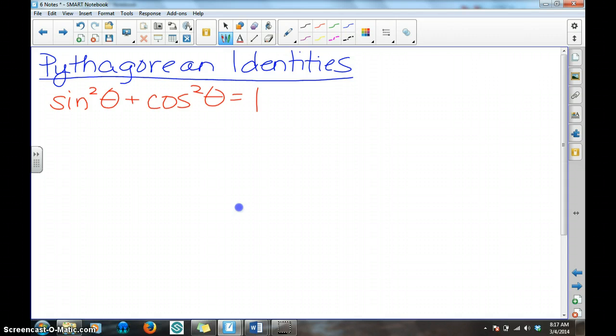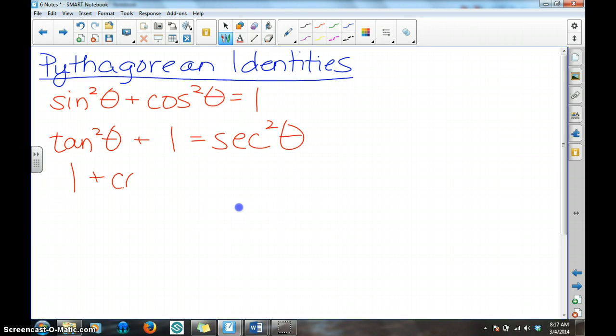It was when I divided straight through by cosine, and I got tan squared plus 1 equals secant squared theta. And the final one came from the original being divided out by sine, and when I divide out a sine, I get a 1 plus a cotangent squared is equal to a cosecant squared.